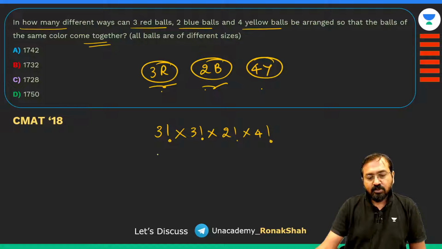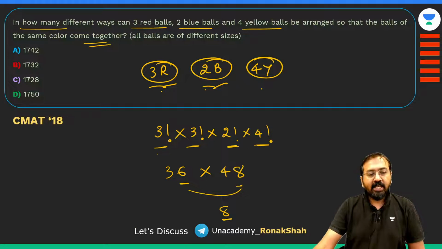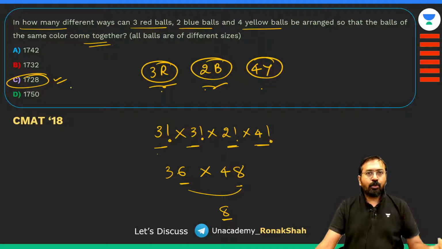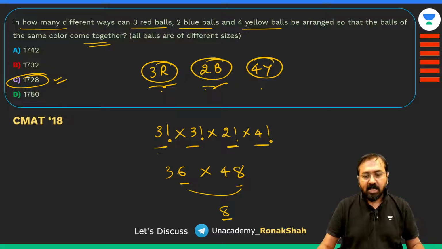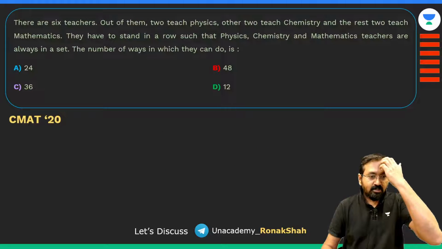So this is of course 6 into 6, that is 36, into 2 into 24, which is 48. So 36 into 48, 6 8s are 48, so of course the last digit is going to be 8, and there is only one option ending with 8, so we really don't need to do the complete calculation. We can tick mark and move on. This is how you should try to answer the question in the actual CMAT exam.